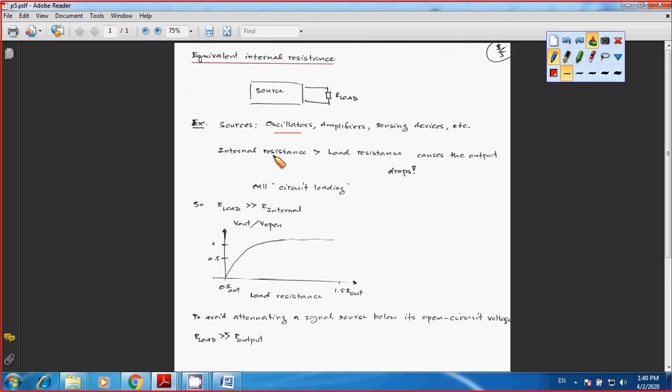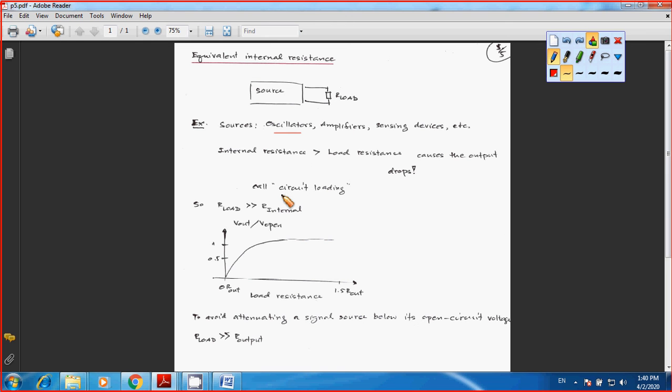As we discussed before about the supply voltage circuit, if your internal resistance is greater than or about the load resistance, that causes the output voltage to drop. So that's not good, and that's what we call circuit loading.